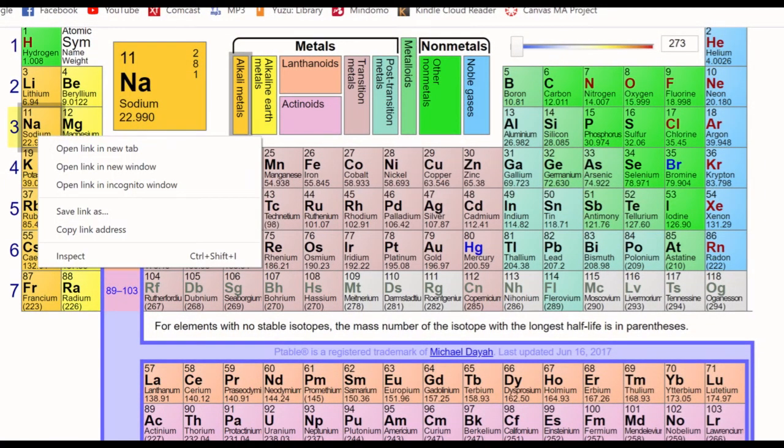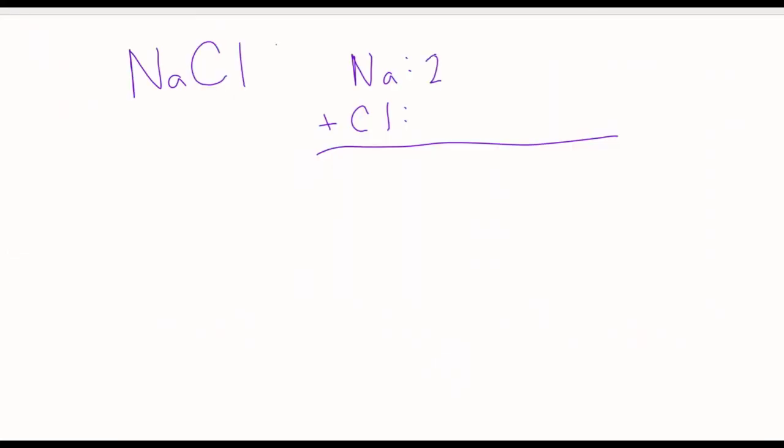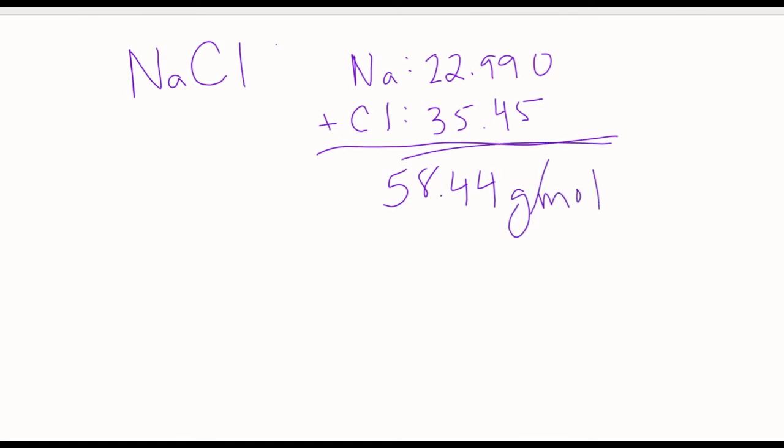Sodium is 22.990, and chlorine is 35.45. Just going to add those two things together, and we get 58.44 grams per mole. That is the molar mass of sodium chloride.